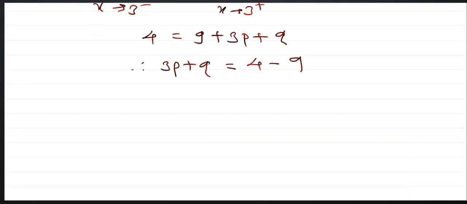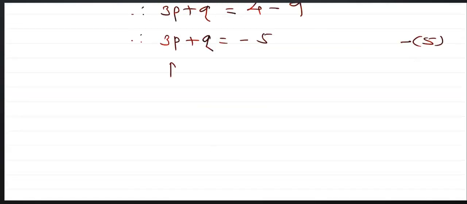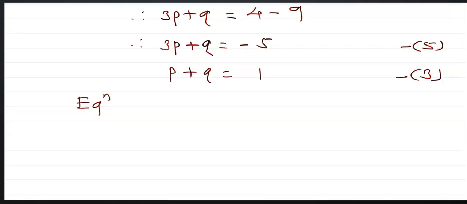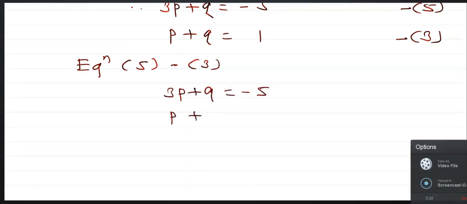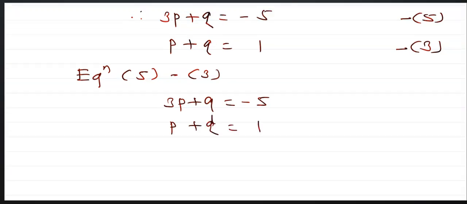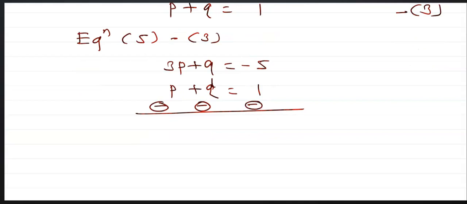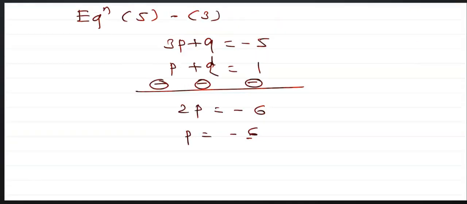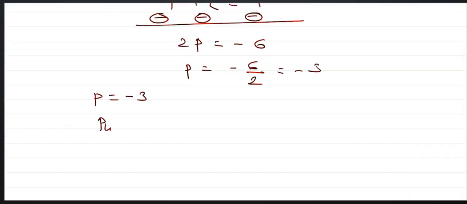Therefore 3p plus q is equal to 4 minus 9, that is, 3p plus q is equal to minus 5. This is the fifth one. And p plus q is equal to 1. Now solve these two simultaneously by subtraction, equation 5 minus 3. 3p plus q equals minus 5, and here q minus q gets cancelled. That is 2p is equal to minus 6. Therefore p is equal to minus 3.